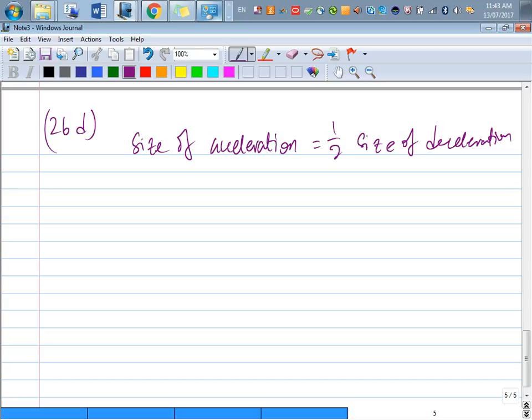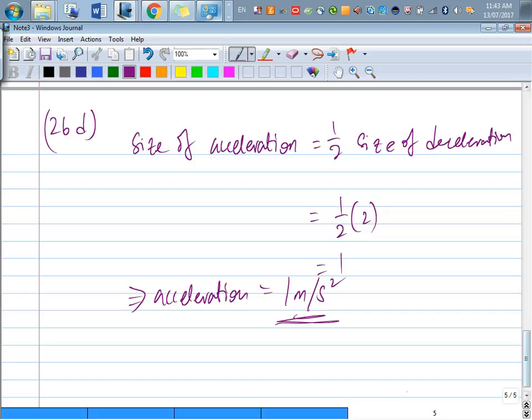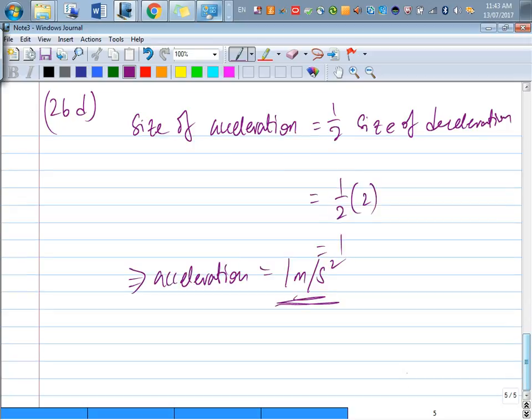That is the magnitude of the deceleration. So this is going to be half of 2. So the magnitude of acceleration is 1, therefore acceleration is equal to 1 meter per square second. Since I know that the acceleration is 1 meter per square second, we want to find the value of u.